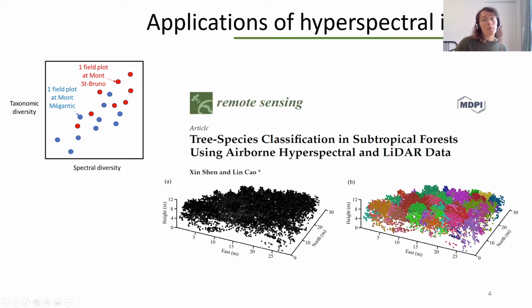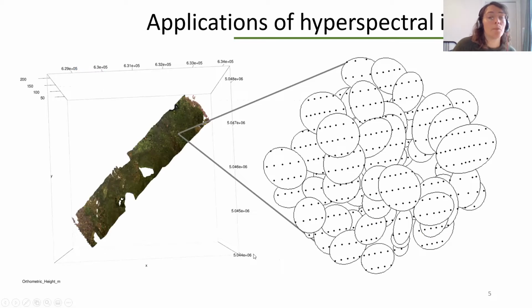So keeping in mind that we have very spatially accurate hyperspectral data together with precisely delineated tree crowns in the field, I think that we can use the hyperspectral imaging data at different levels of scale. So today I will give you an insight into the processing steps we applied to the hyperspectral imaging data and also some applications we did.